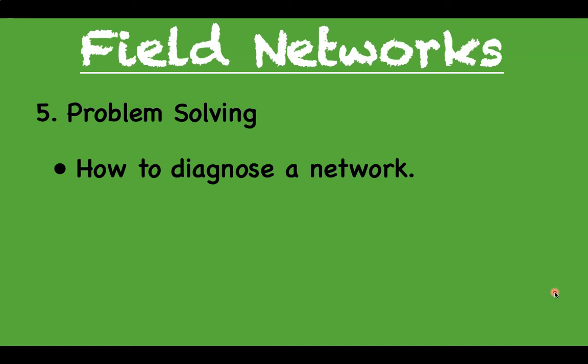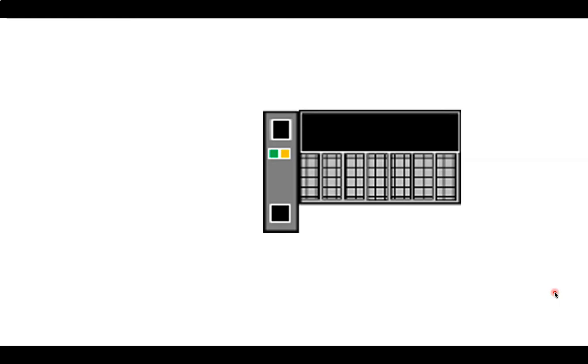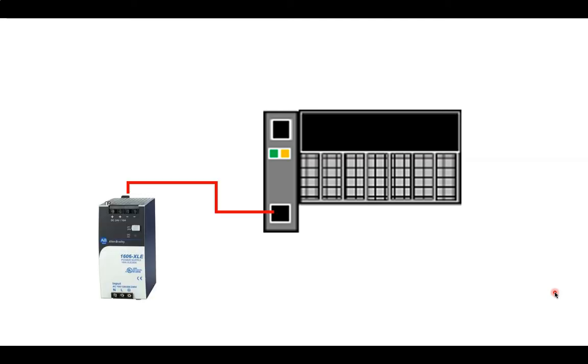Here is an example. With Ethernet, the basic approach if a module is not communicating is that you first need to check if the module has power. Then secondly, you can check the status LEDs where the Ethernet cable is plugged in to see if they are flashing correctly and indicating that there is traffic on the network.